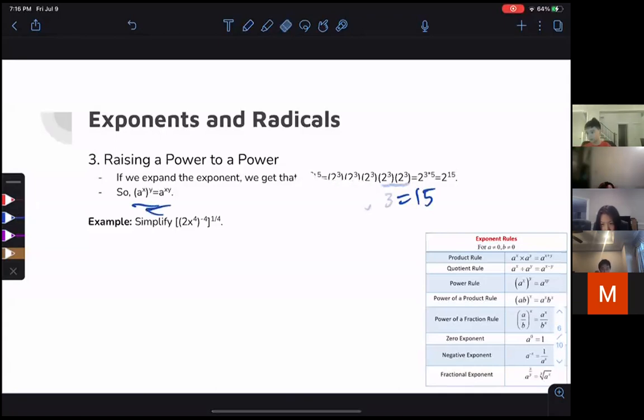That being said, simplify this expression. Be careful with your order of operations and everything. Evaluate them from the inside out. You can chat me your answer when you're done.